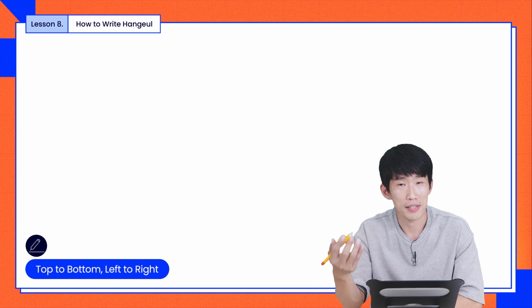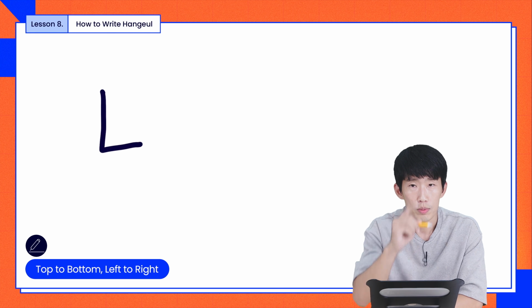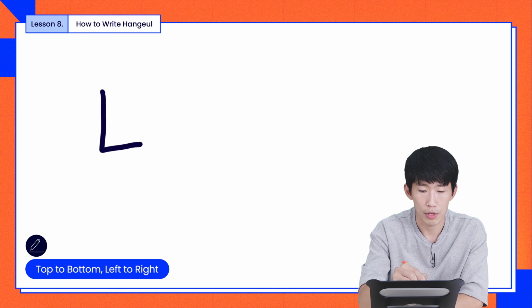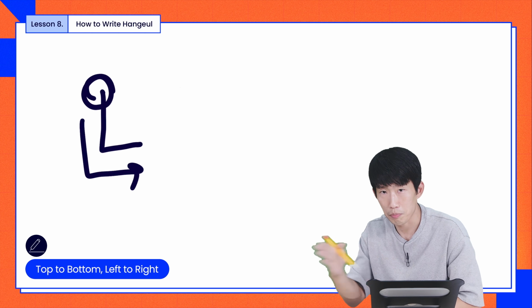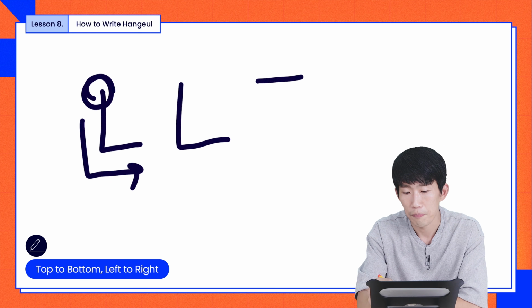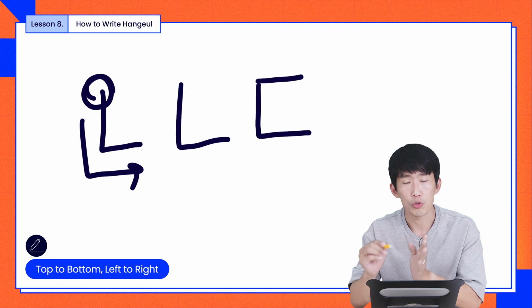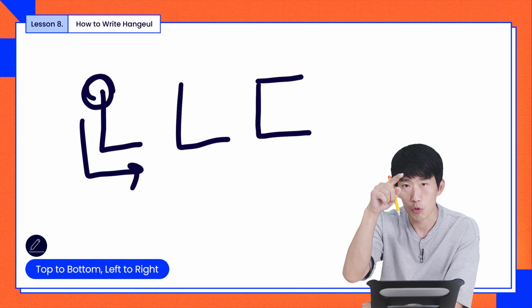Let's move on to the next set of consonants. We start with 니은. So top to bottom, very easily, you start from here, okay, and then you go all the way down there to the bottom right. So 니은, and a related consonant was 디귿. It started from 니은, but you want to start at the top because you go from top to bottom.